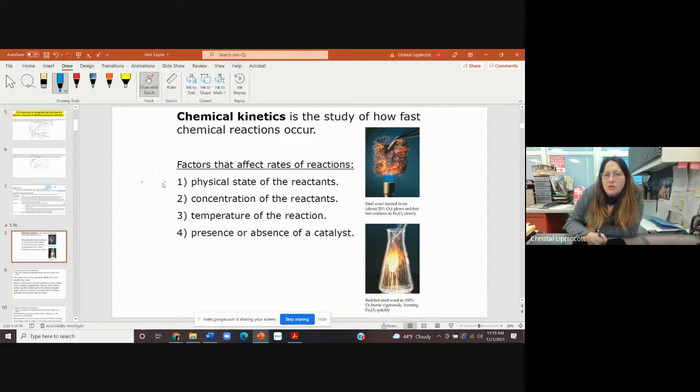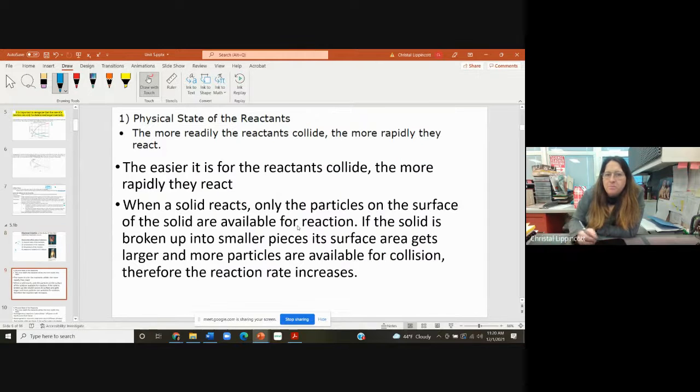Because gases are spread out, and they're more likely to form those collisions than, say, a solid that's sitting at the bottom. It also tends to have a smaller particle size versus your solids that are typically going to be in a big chunk. Concentration of the reactants, temperature, and then the presence of that catalyst.